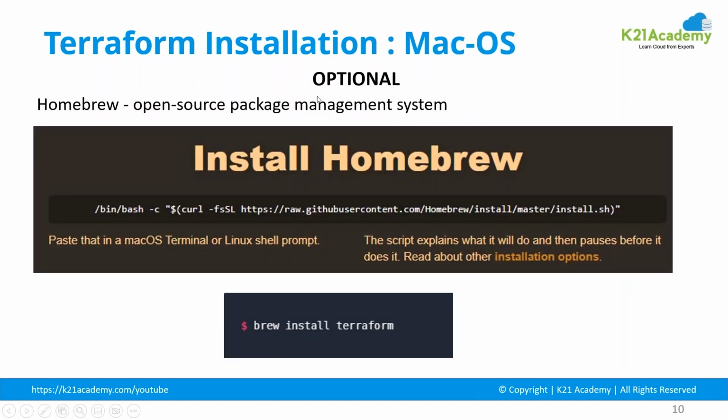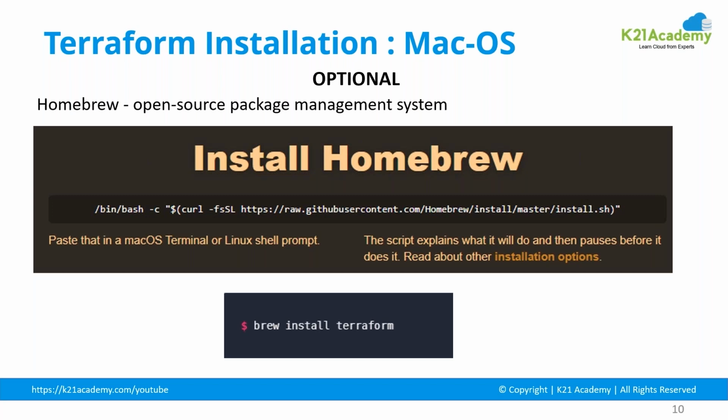On the Mac, when you go to the site, on the setup part, it will say that you need to install Homebrew on Mac OS, which is basically the open source package management system. And then using that, you are going to install Terraform. But that is completely optional. You really don't have to do that.